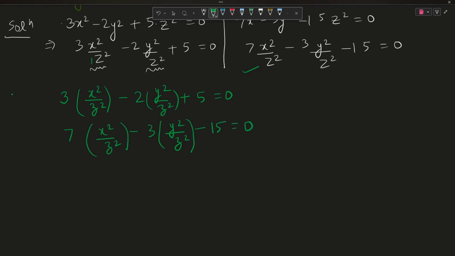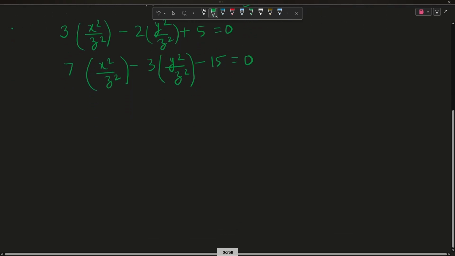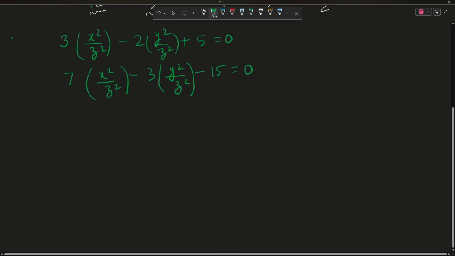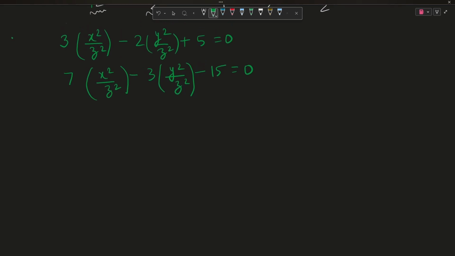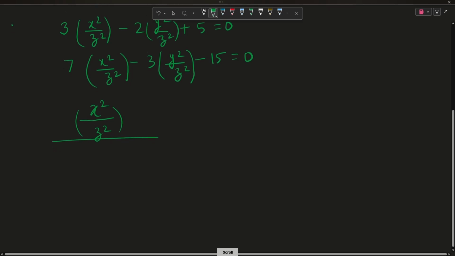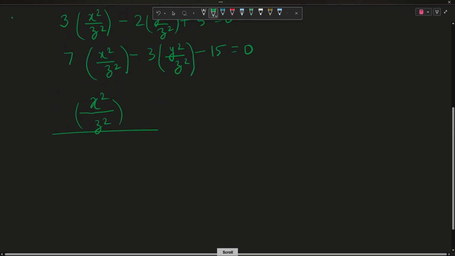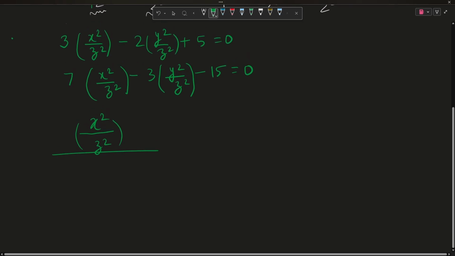equals 0. So to solve this, as I have already discussed in the previous video, we can make use of the cross multiplication method. So I can write this as x square by z square, and in the denominator, or to be more precise, let's first write the formula.